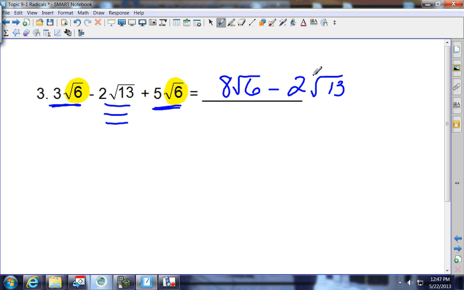Because these are not the same right here, you can't put them together. Yes, so the question was, if say this was the square root of 2, say this was 5 square root of 2 instead of the 6, that would be the simplest it could be. Okay?